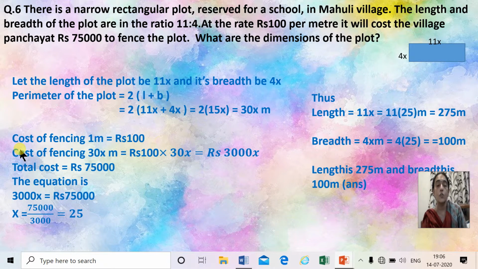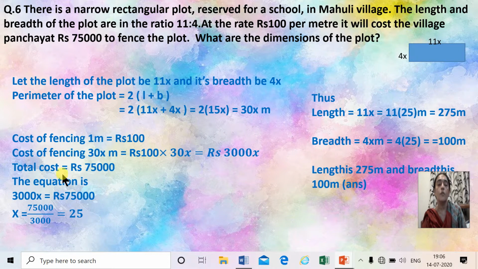So the total cost of fencing 30x meters is equal to rupees 100 into 30x, so that will be rupees 3000x. Now this is the total cost, but the total cost is rupees 75,000 also. That means rupees 3000x is equal to rupees 75,000.